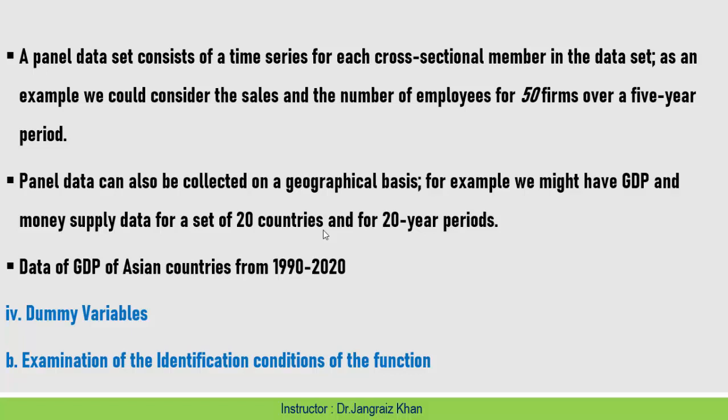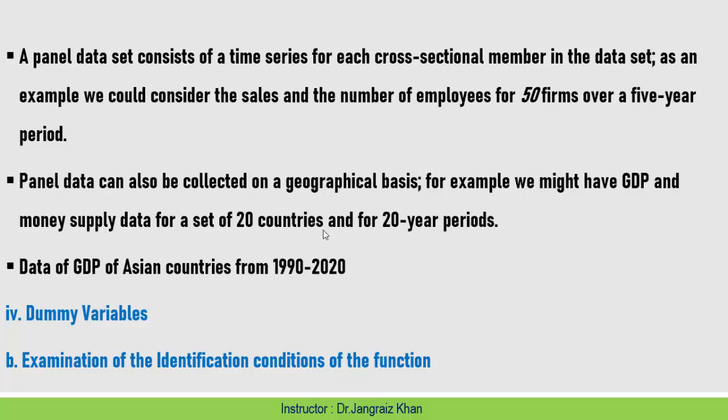If you collect the sales of 50 firms for the last 5 years, we have a panel data set. Or if we collect the GDP and money supply for a set of 20 countries for a 20-year period, it is also a panel.